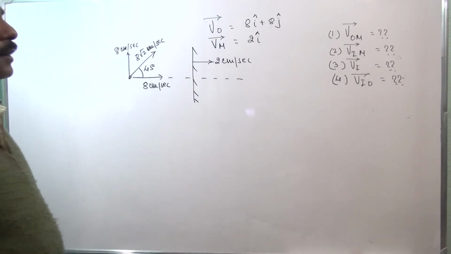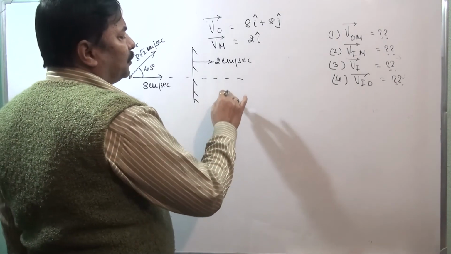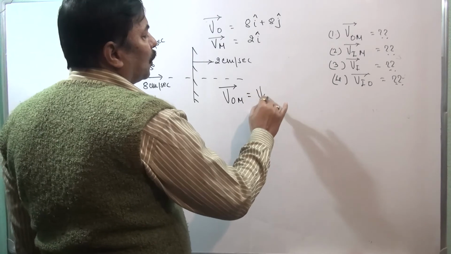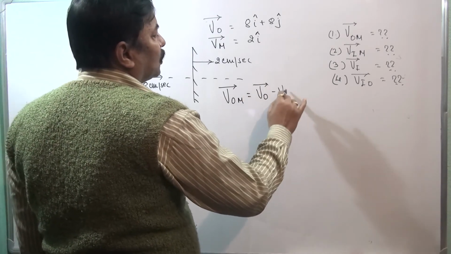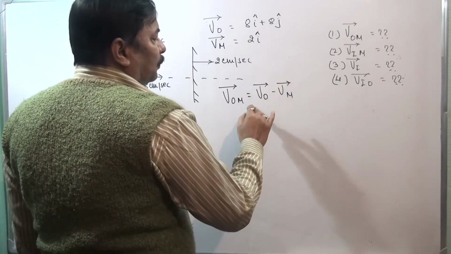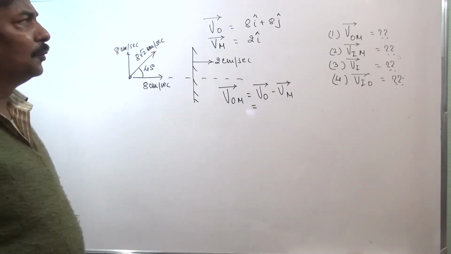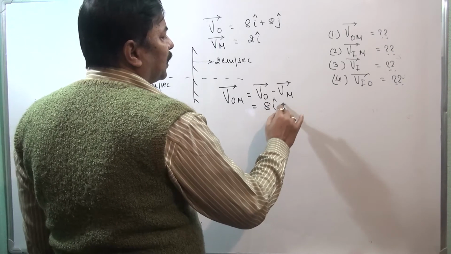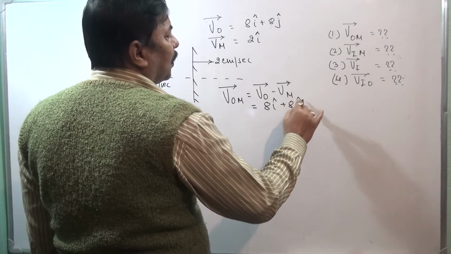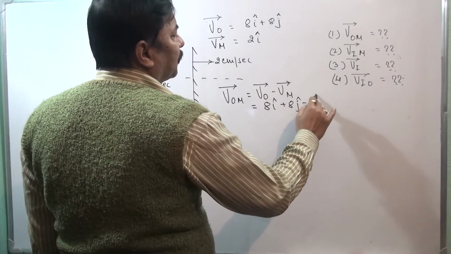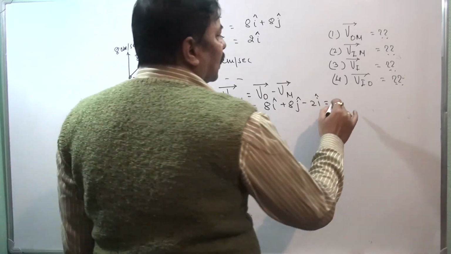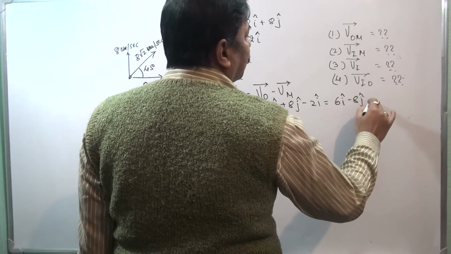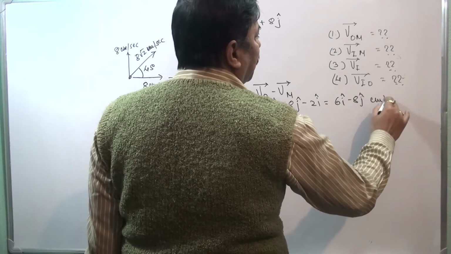Velocity of object with respect to mirror is equal to velocity of object minus velocity of mirror. So if you properly subtract, you will get 8i plus 8j minus 2i, and this gives you 6i minus 8j centimeter per second.